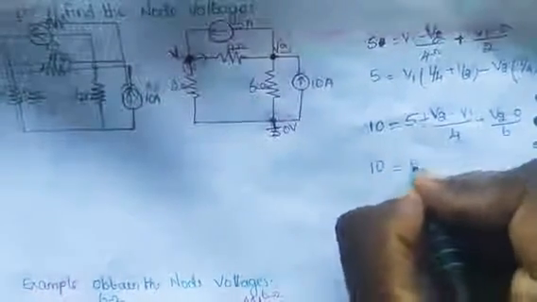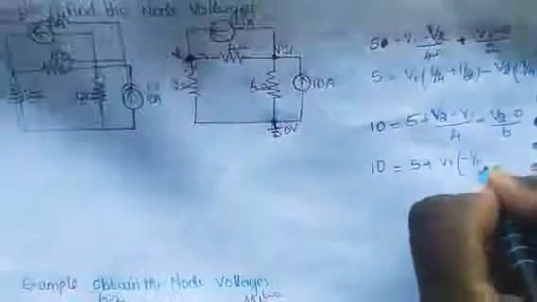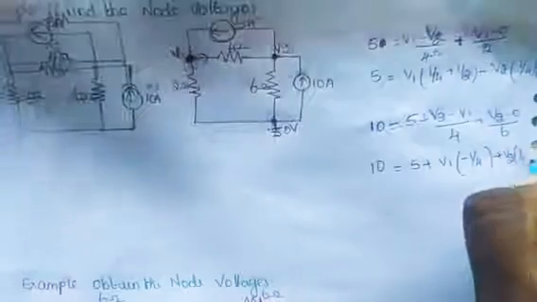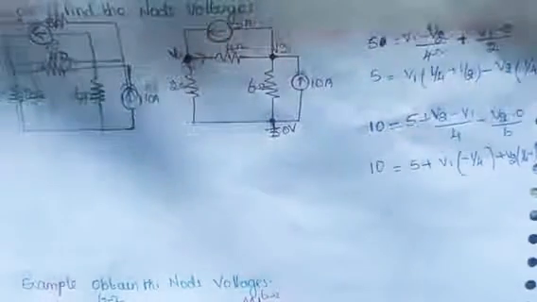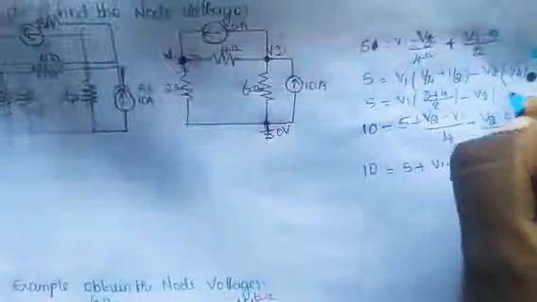Similarly, we can rearrange this one: 10 is equal to 5 plus V1 into minus 1 by 4 plus V2 into (1 by 4 plus 1 by 6). So 5 here is equal to V1 into (2 plus 4) by 8, minus V2 into 1 by 4.